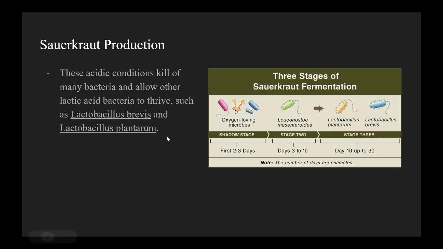Then two other species, Lactobacillus brevis and Lactobacillus plantarum, will come in and start predominating after Leuconostoc. These are lactic acid bacteria that can survive in higher acidic conditions, and they'll continue the fermentation process until around a month, and then you open your container and you have your sauerkraut.